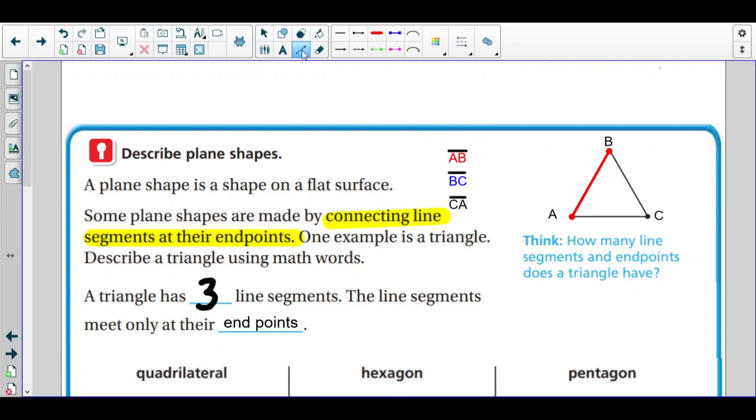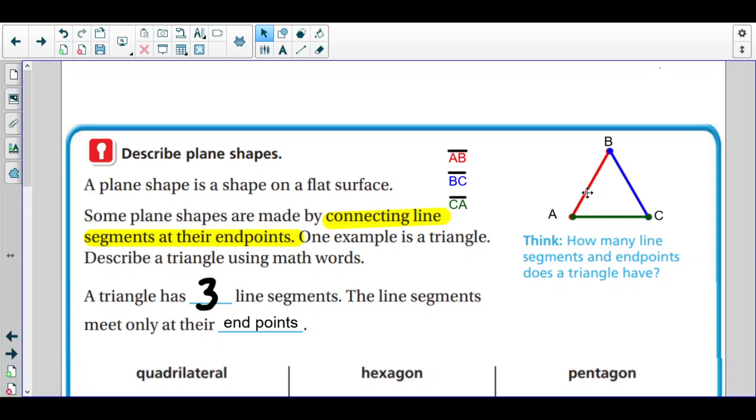So we'll go ahead and get this line segment ready to go. From here to here. And then finally, we had a third line segment that went from C to A. When we connect those, we have a triangle, okay?